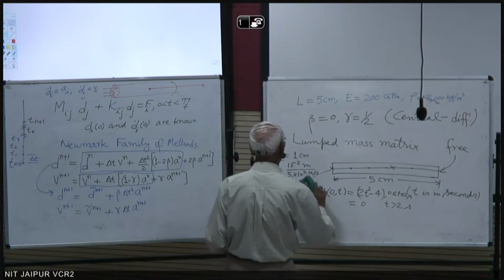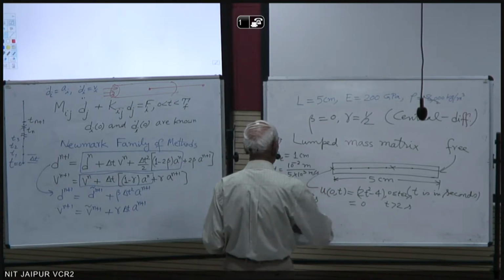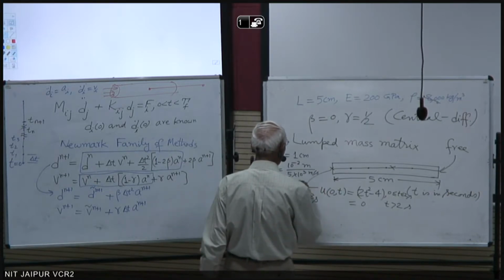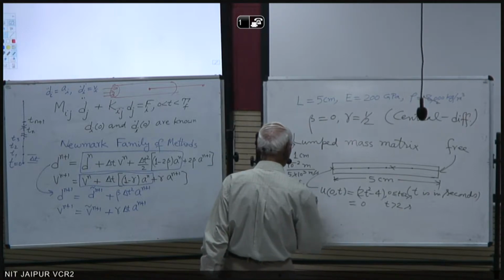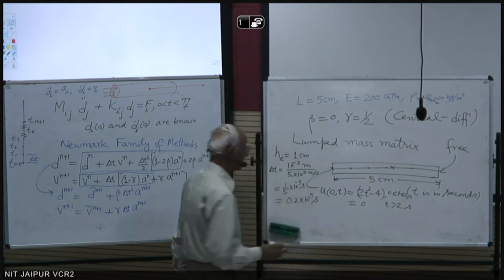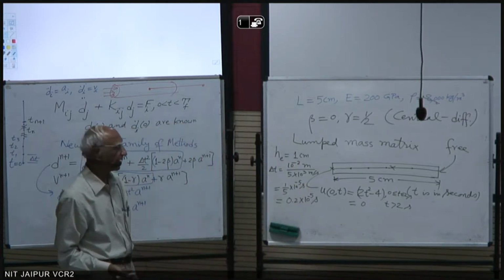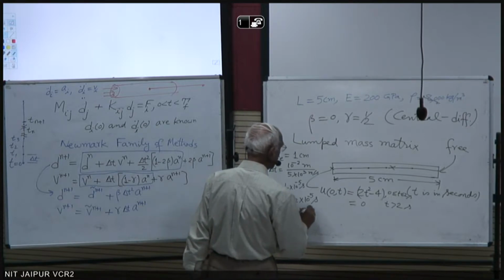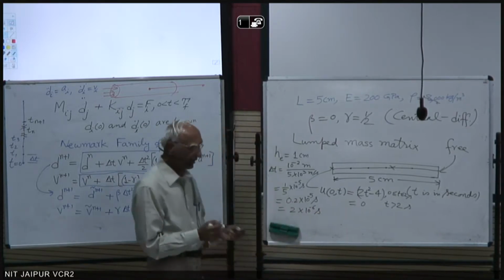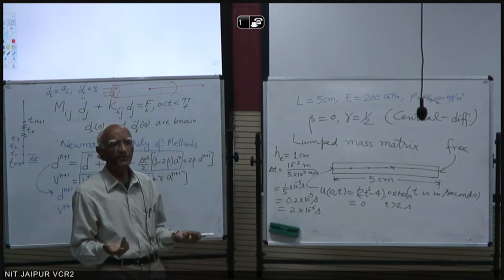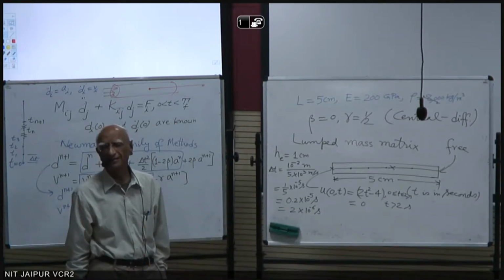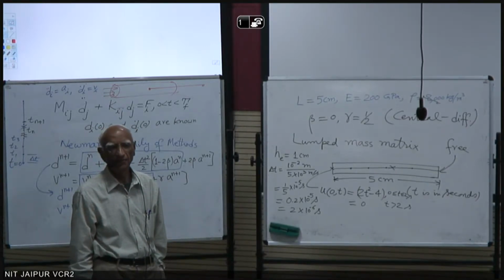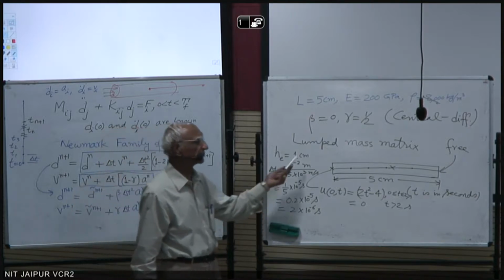Oh, yeah, okay, you are right. So this is 0.2 times 10 to the minus 5, so say, 2 times 10 to the minus 6. So you will need a million time steps to go up to 2 seconds. And let's see what we get.